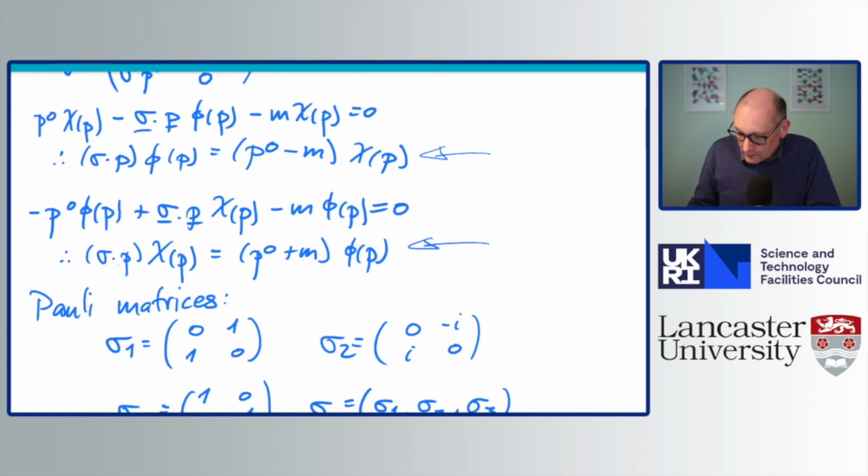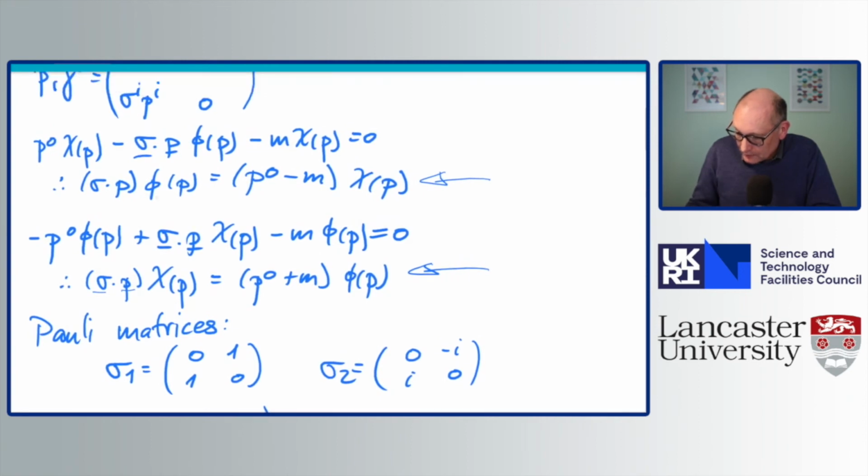If the momentum is 0, so that the left hand side here is 0, then we get P naught is equal to minus m phi. Or here, the left hand side is 0, so P naught minus m on psi is equal to 0, and P naught plus m on phi is equal to 0.